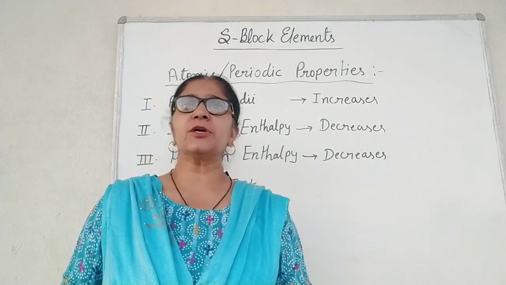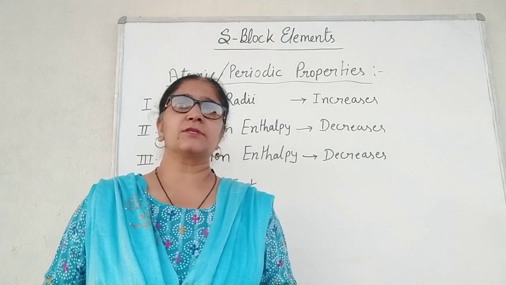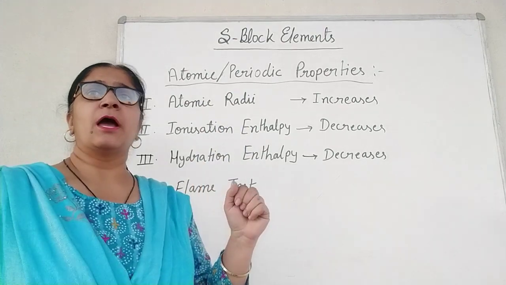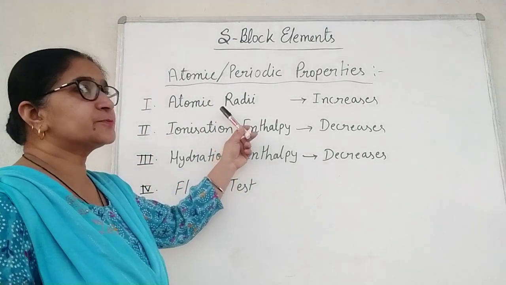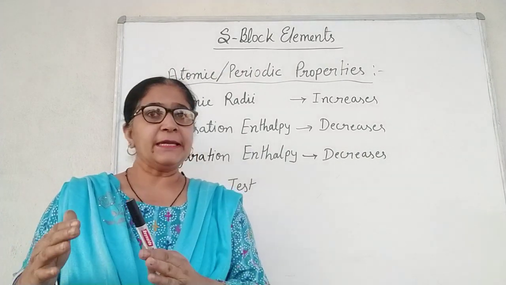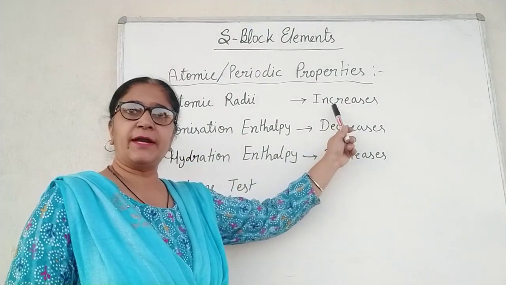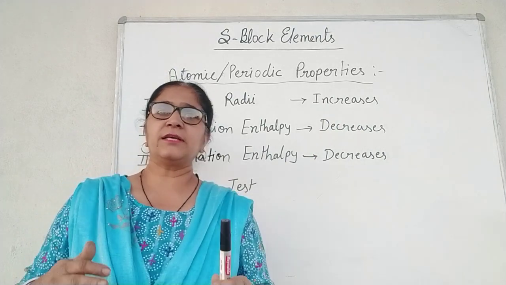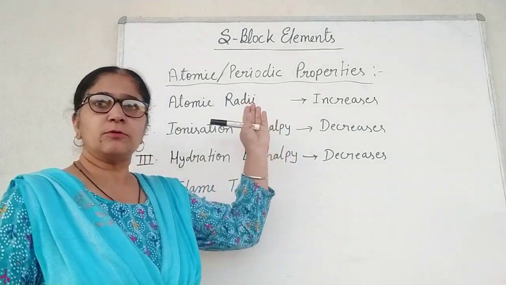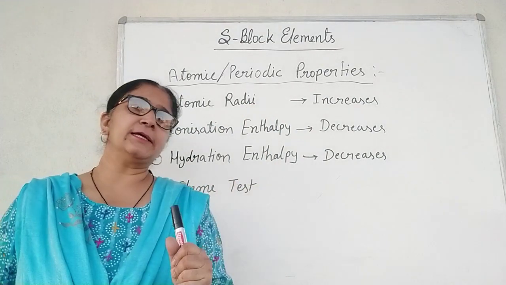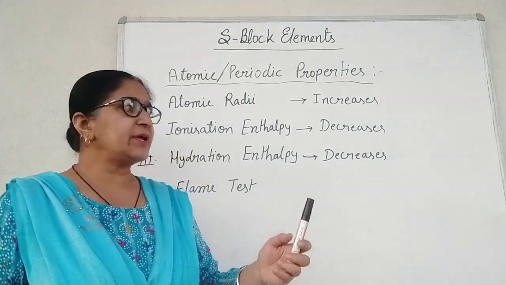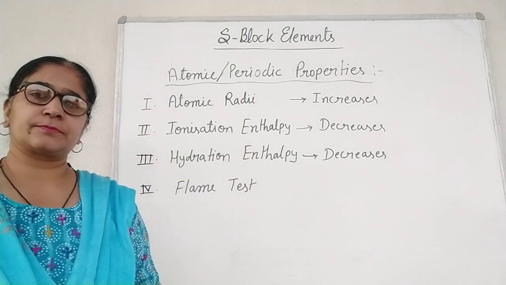As you consider the group 1 elements from top to bottom, atomic radius, that is the first property, increases. This can be explained because as you move down the group, there is an increase in the number of shells and therefore the atomic radius increases.